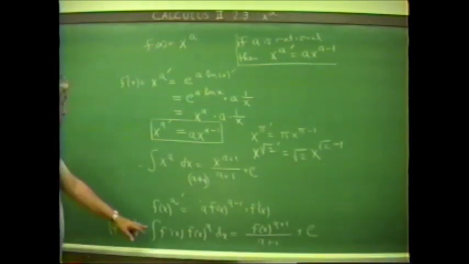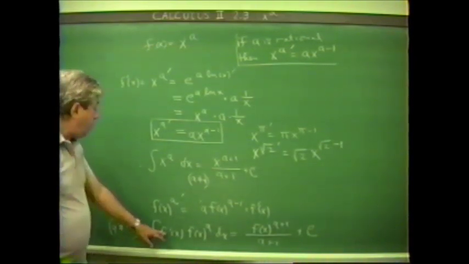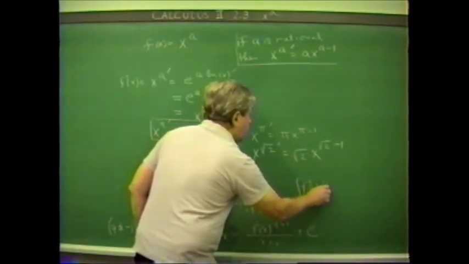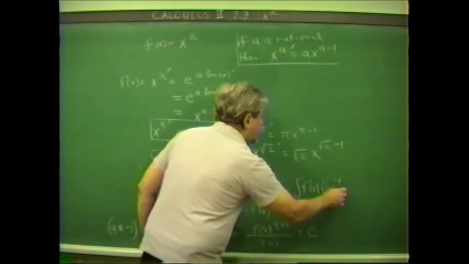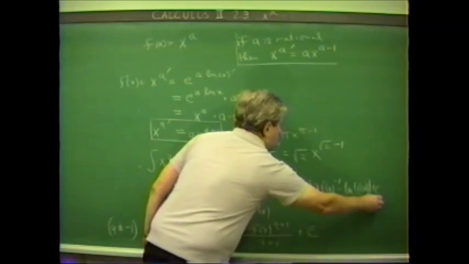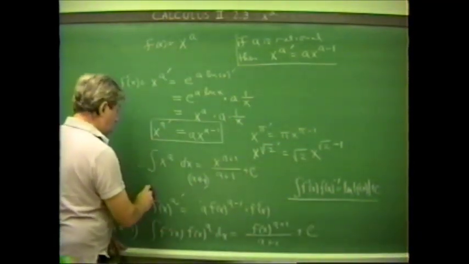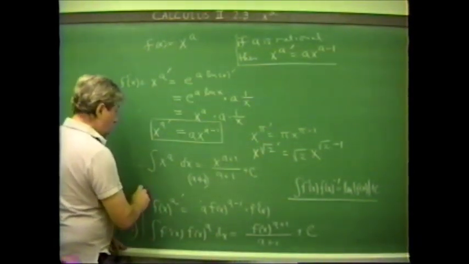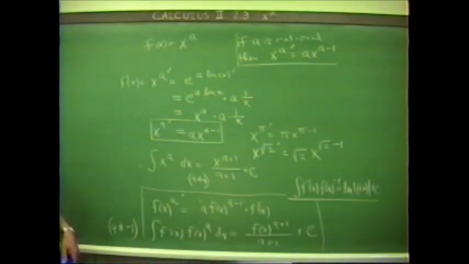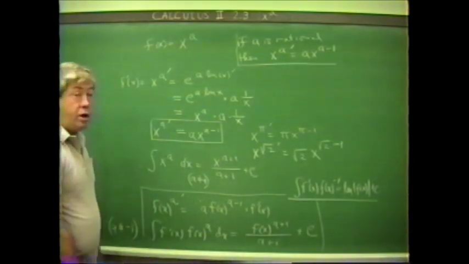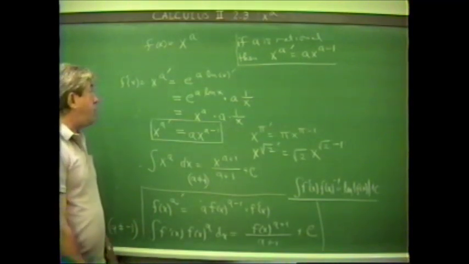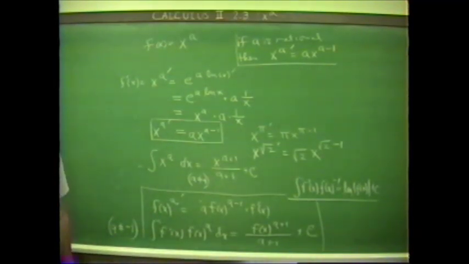If a is equal to minus 1, then the antiderivative of f prime of x times f of x to the minus 1 is going to be log absolute f of x. So we have some formulas that hold in general when a is a real number. These are just exactly the formulas that you'd expect, but now we've got them for sure.